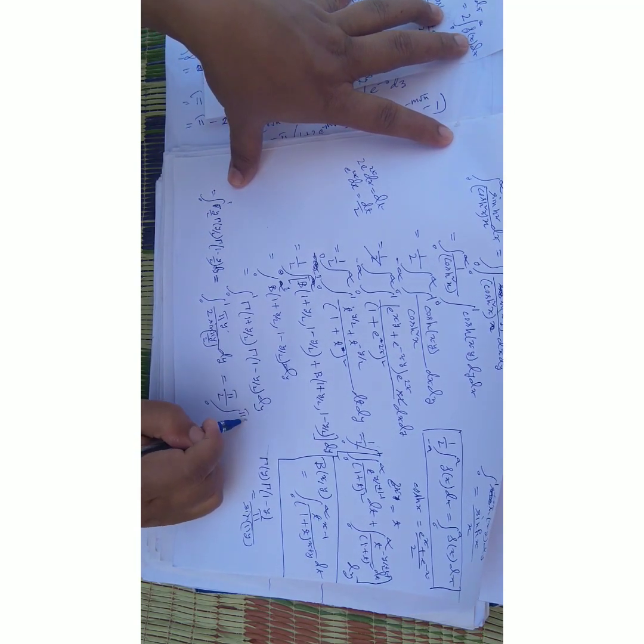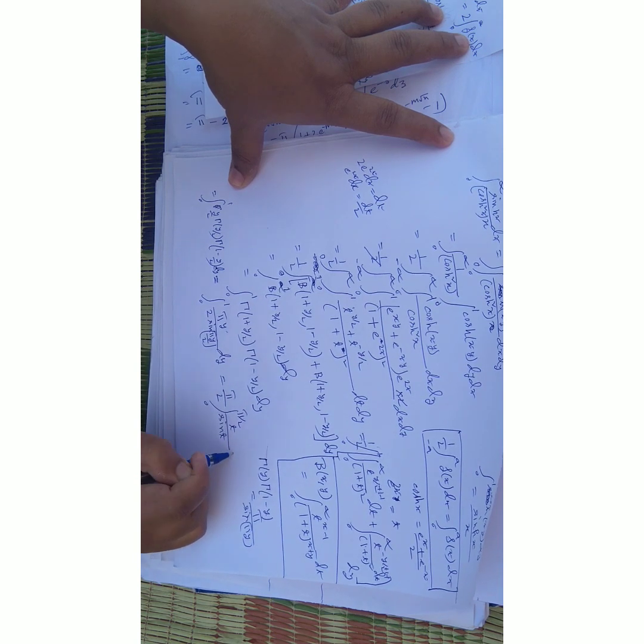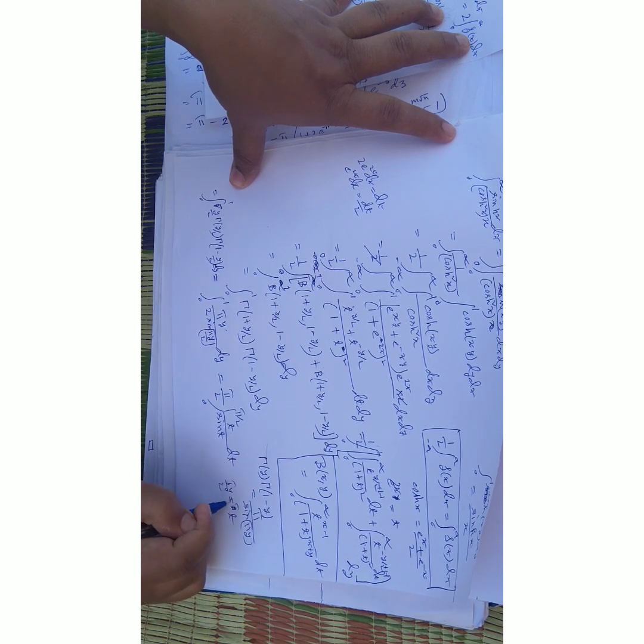And now this value will become the integral from 0 to pi by 2 of t into sin t... dt, where y by 2 is equal to t.